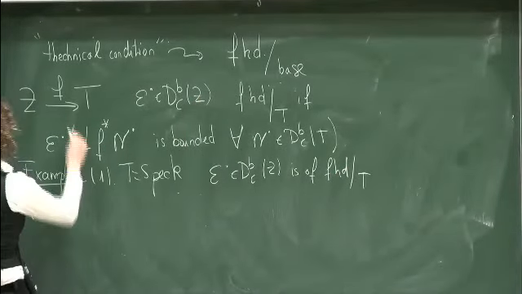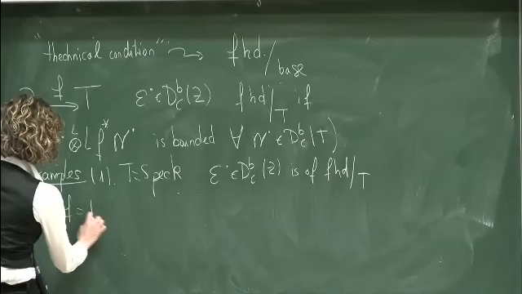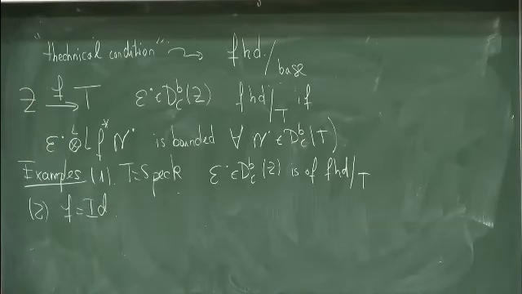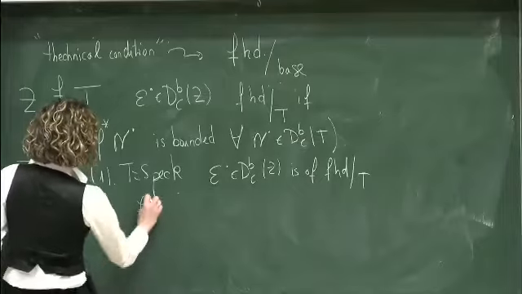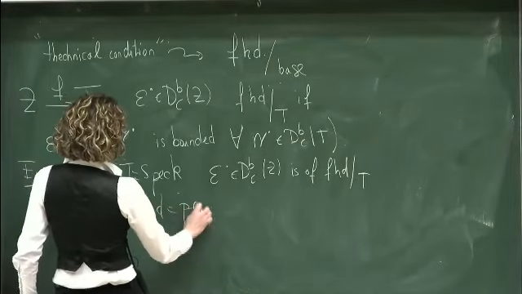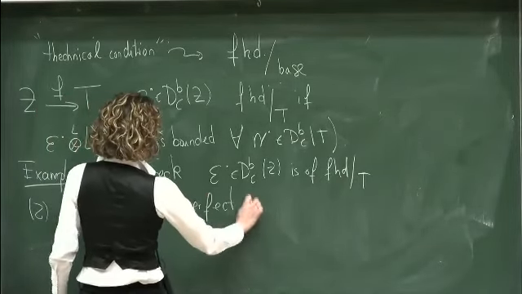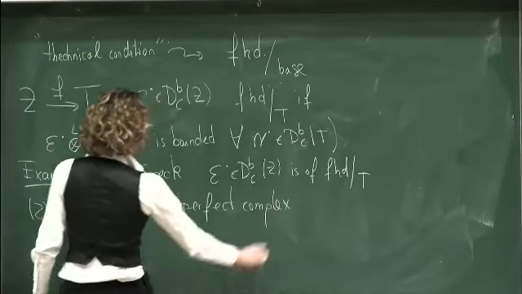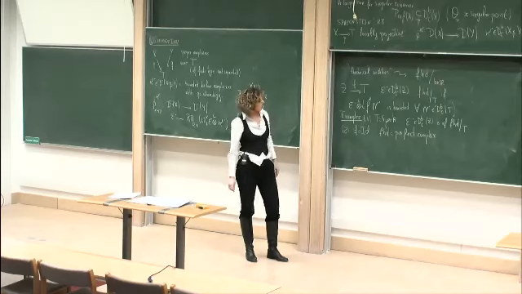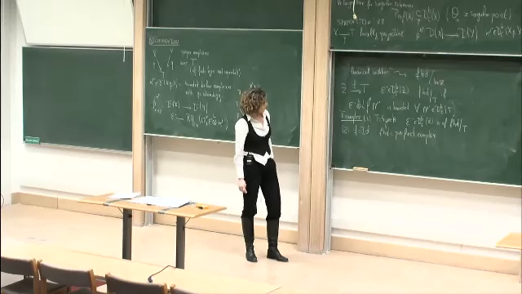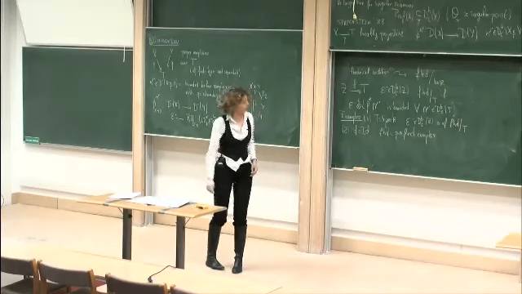If your morphism, for instance, is the identity, this is just the notion of perfect complex. So finite homological dimension is just perfect complex. In fact, I think if you have a flat fibration, then globally perfect means relatively perfect plus perfect fibers. Yes, I think so. Okay.